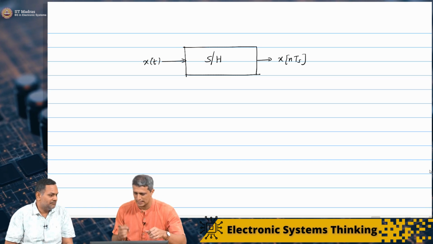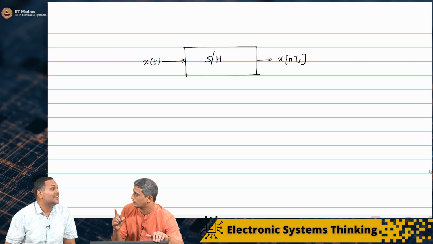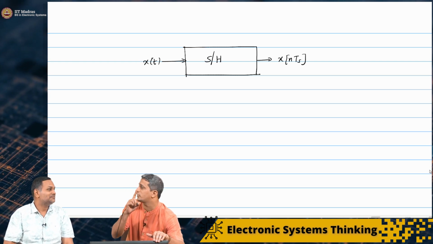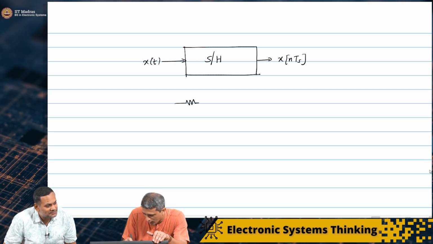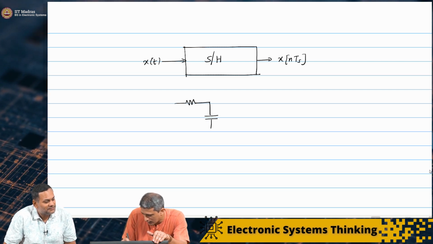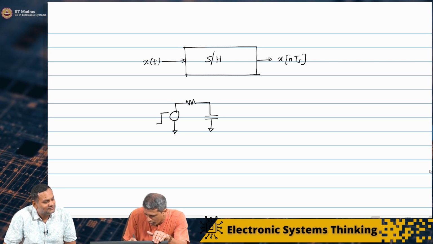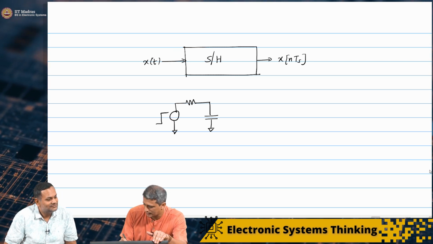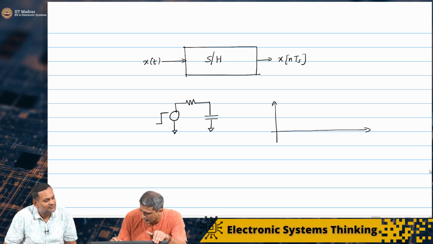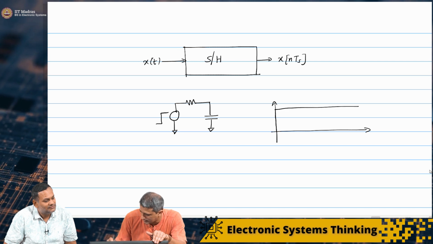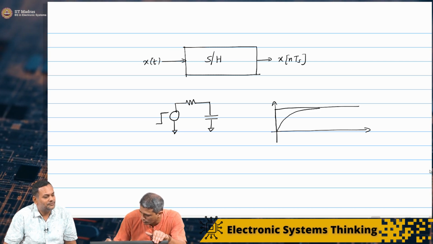In fact, we had discussed this when we discussed the low pass filter. Just to revisit what we did earlier: if you apply a unit step function like this, assuming that the input charges instantly, the output would simply follow it asymptotically.